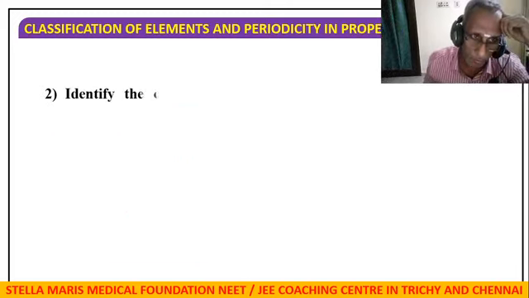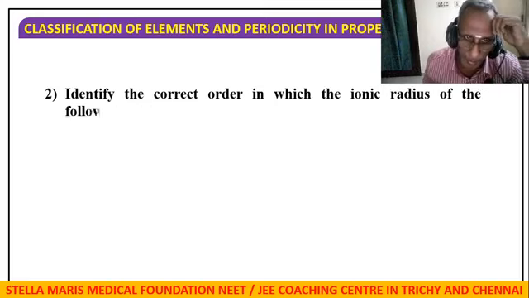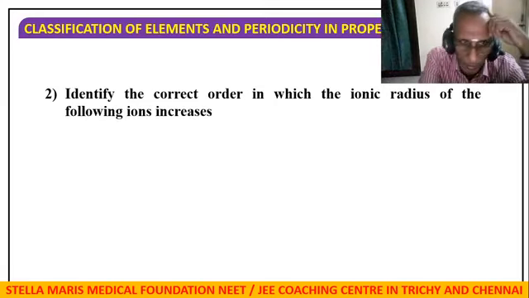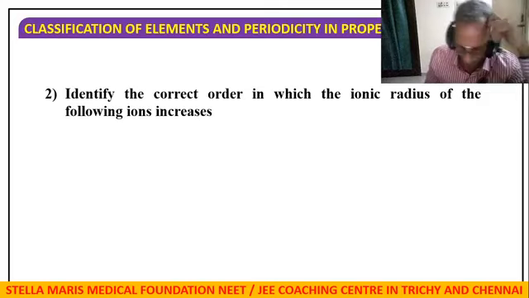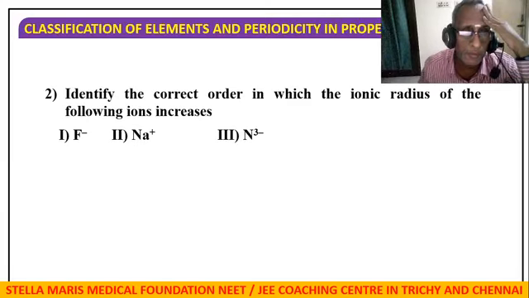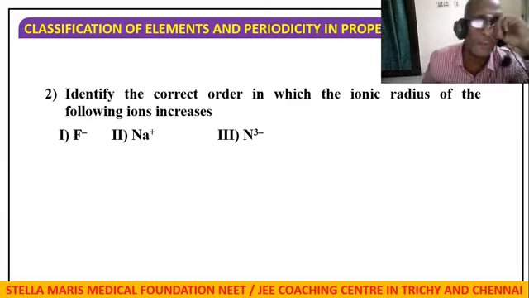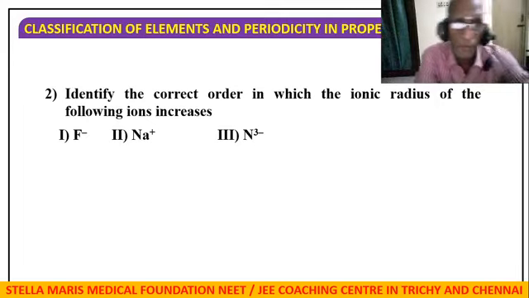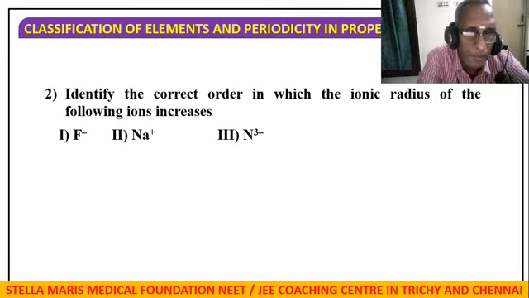Now, identify the correct order in which the ionic radius of the following ions increases: F minus, Na plus, N3 minus. Here also the anion has a larger size. Multiple charge on an anion increases size. So the maximum size is N3 minus, then the next size is F minus.